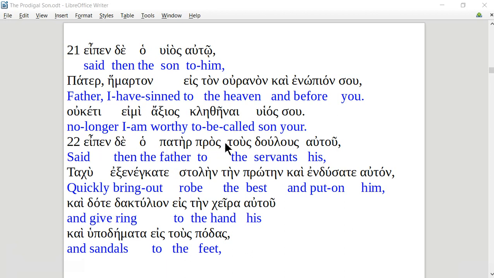His father said to his servants, Tachu, quickly, exenenkate, bring out stolen the robe, the best robe, and endusate auton, put it on him. Kai dote daktylion, ring, the ring on his hand, on his finger we'd say, and sandals on his feet.